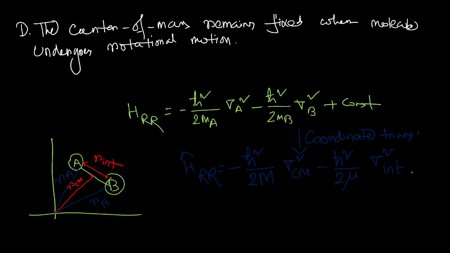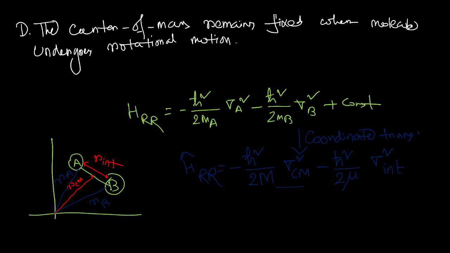Now CM is the motion along the center of mass. If it moves along the center of mass, it is very hard to trace, and that's why the translational motion along the center of mass cannot be measured using any spectroscopic method.